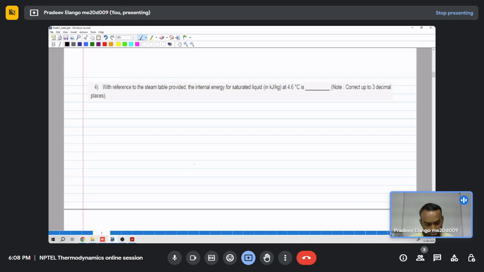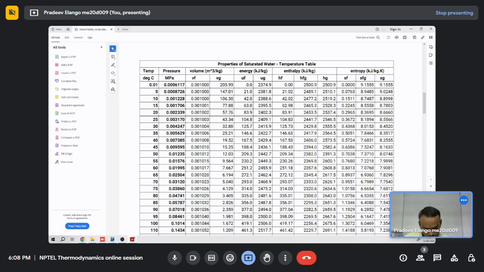In the next problem we have to find the internal energy of a saturated liquid at 4.6 degrees Celsius. So again we will have the same temperatures. Internal energy of the saturated liquid, so we have Uf, which is 0 and 21.